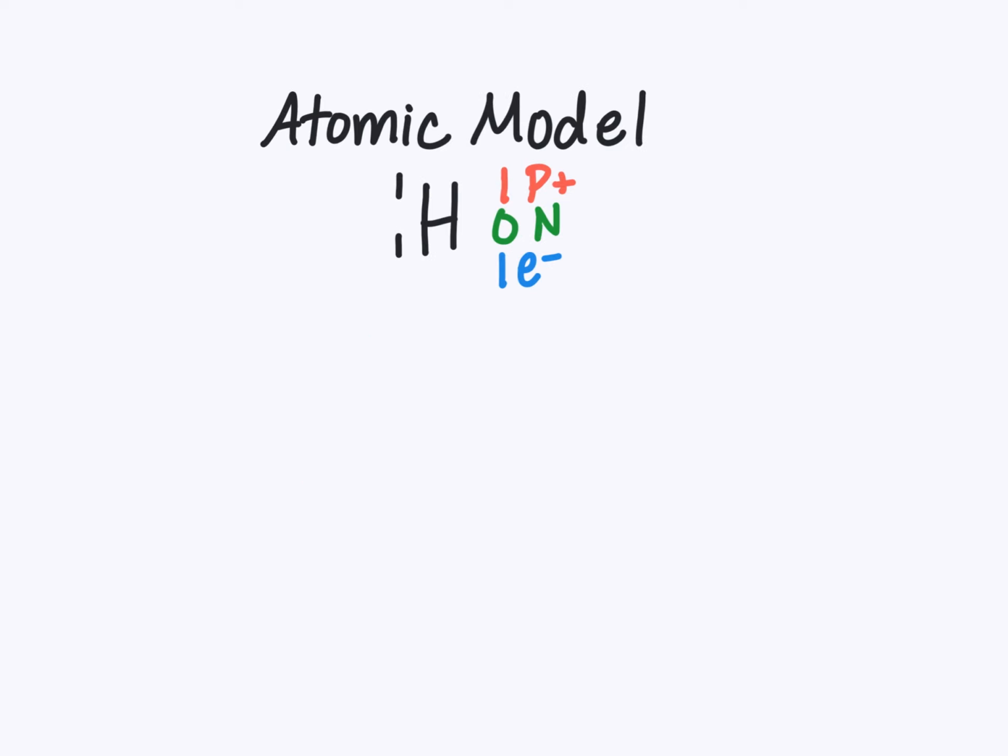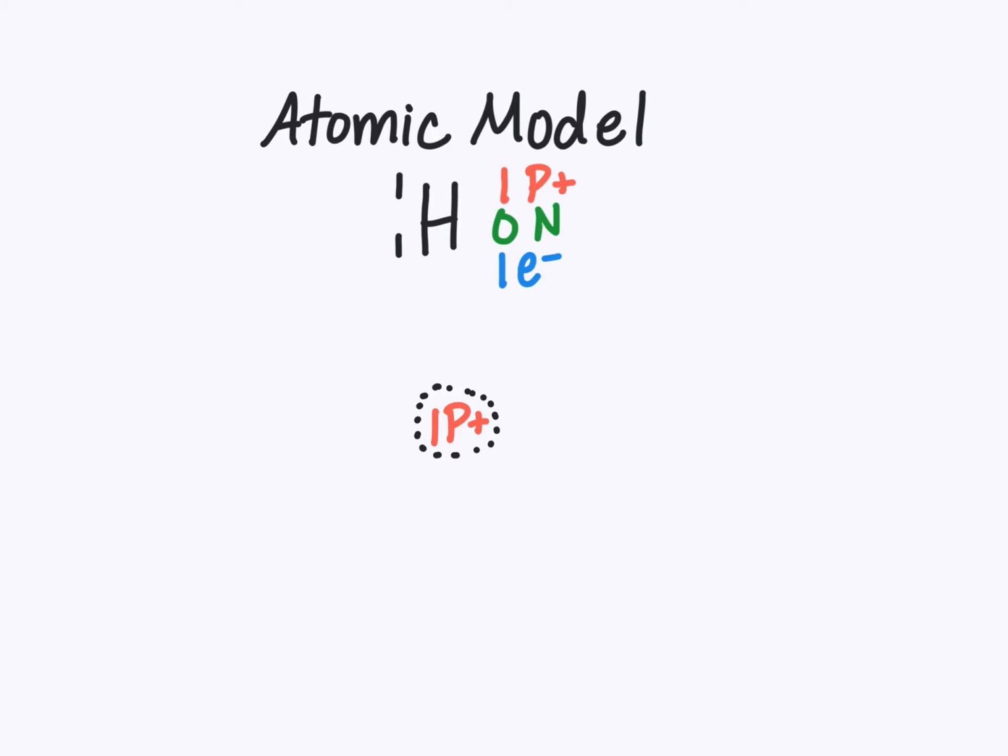So now let's try drawing another model, this time looking at the element hydrogen. So looking at an atom of hydrogen, we have 1 proton that goes in the nucleus. Now, hydrogen typically does not have a neutron, so we actually don't have to draw the neutron in there at all. And I'll put a little dotted line to remind myself that this is the nucleus.